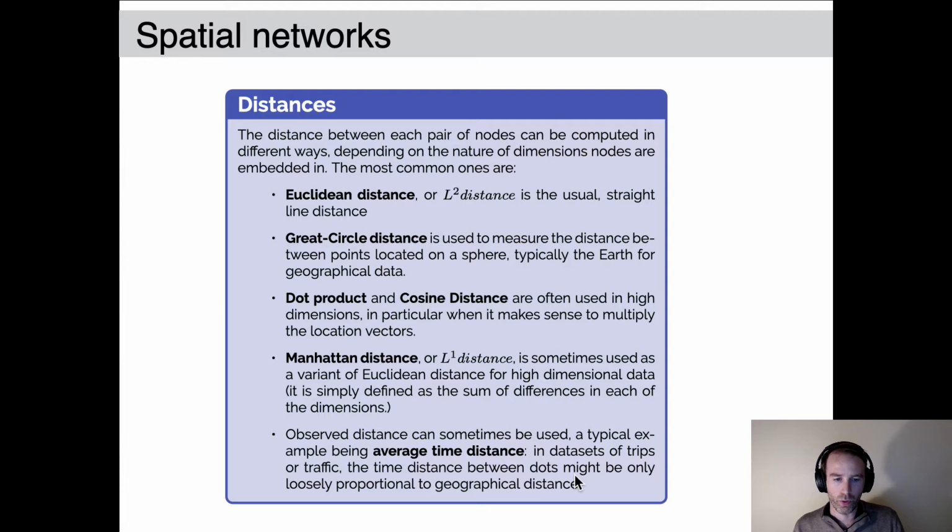And the one which is, I think, pretty interesting is actually an observed distance, in which you won't really use some computation based on the two sets of coordinates, but you can actually look in the data for the time to go from one point to another.